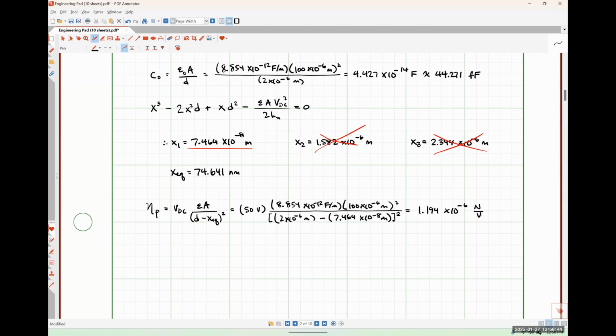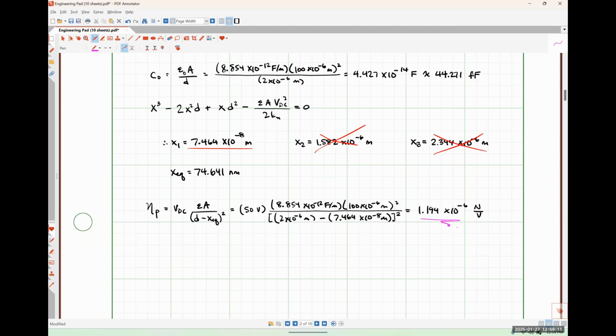Okay. Now, you need to be careful about this result right here, particularly because our capacitance and therefore our displacement is going to be nonlinear for a parallel plate capacitor, right?